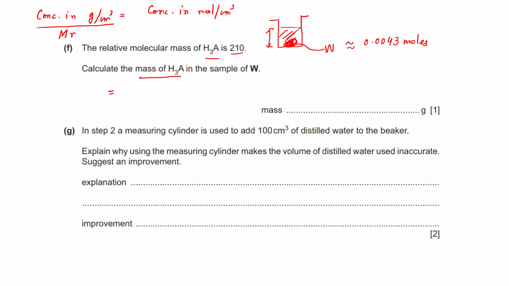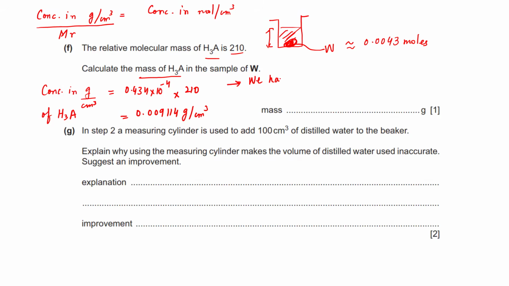So from the number of moles we can get the concentration in grams per centimeter cube of H3A. Let's calculate it. This is 0.434 times 10 to the power minus 4, multiplied by 210. This value comes out to be 0.009114 grams per centimeter cube. And how many centimeter cube do we have?